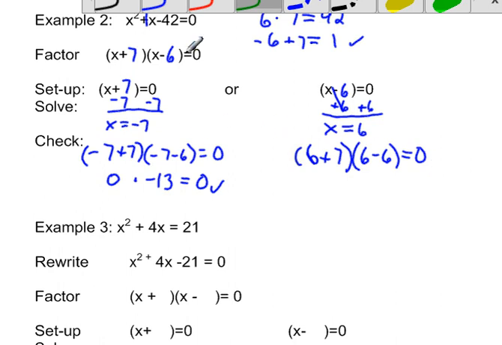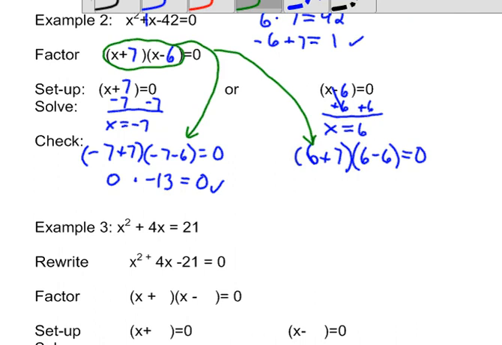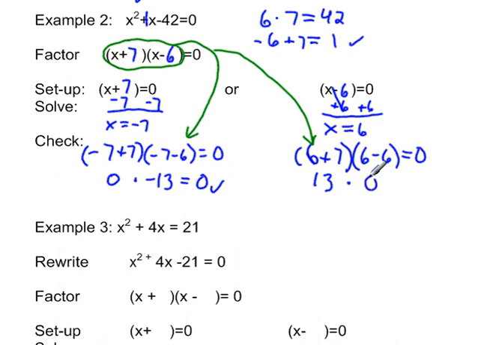This is our original factored out version. I've just moved it all down here and substituted it in. I also moved it over to here and substituted it in. Just to give you a little clarification of where all that stuff comes from. So 6 plus 7 is 13. 13 times 6 minus 6 is 0. 13 times 0 does in fact equal 0, so that one checks out as well.